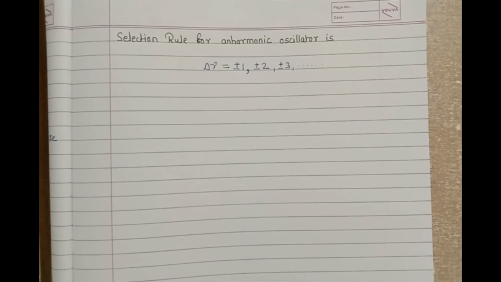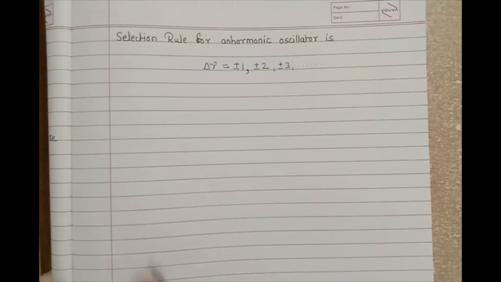So here 0 is not included in the selection rule. That means all the transitions, that is plus minus 1, plus minus 2, plus minus 3, are the allowed transitions.